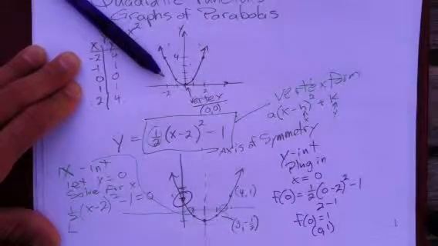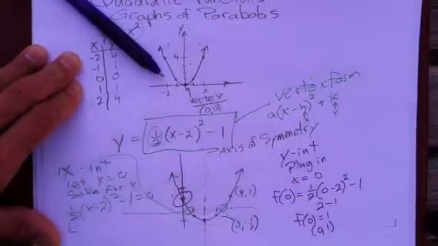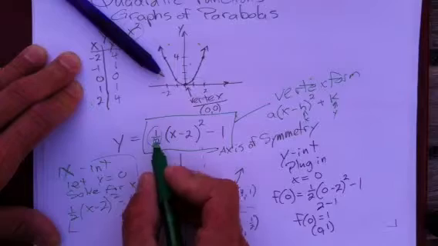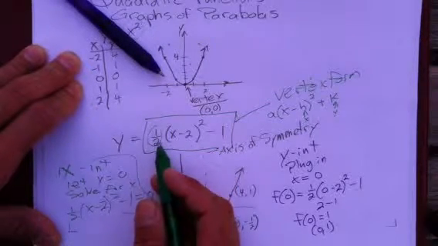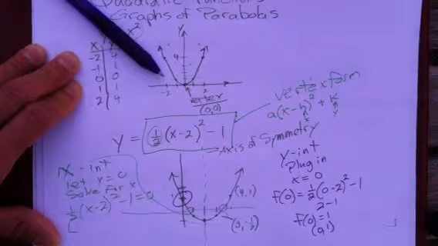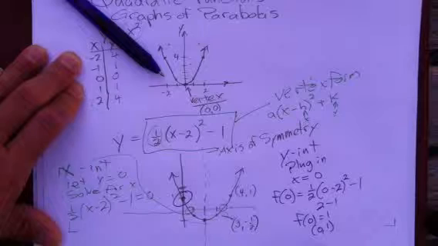So I can look at something in vertex form and say, hey, the vertex must be 2, -1. And then the number up front tells me whether it's opening up or down, whether it's fat or skinny, or the same shape as the basic parabola. So I get a nice intuition by just looking at the vertex form equation.